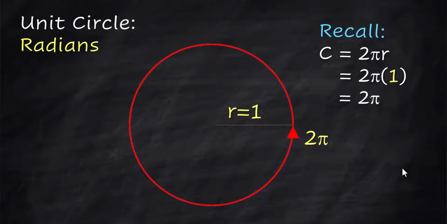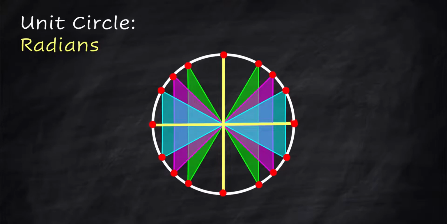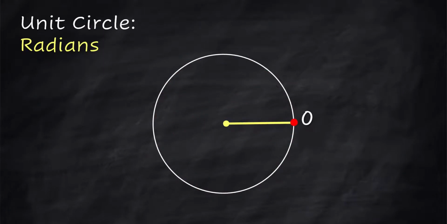The basis of degrees was 360 degrees as a full circle, but in radians, we know a full circle is 2 pi. So let's do a little more with that. The unit circle has a radius of 1. There are an infinite number of points on the circle, but the unit circle has 16 points that are super interesting. And the very first one is at 0. But 0 is also 2 pi once you go all the way around once.